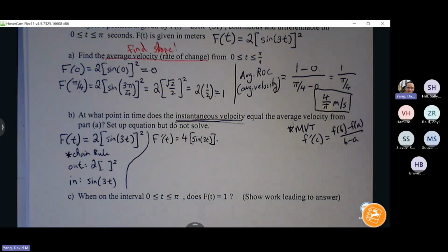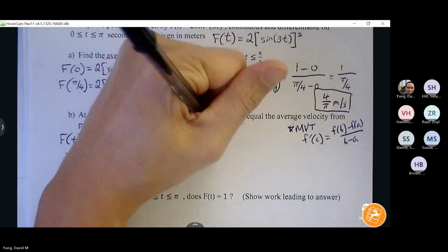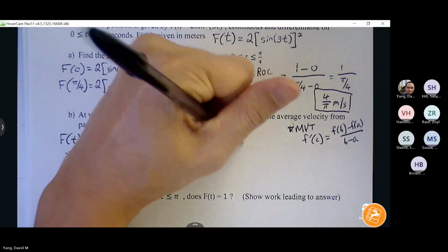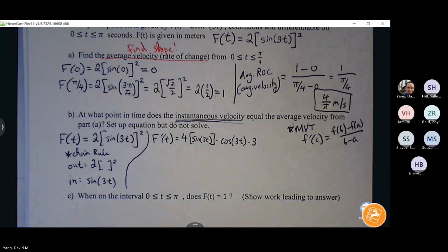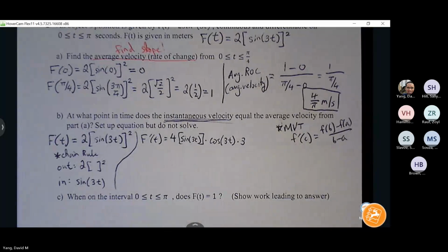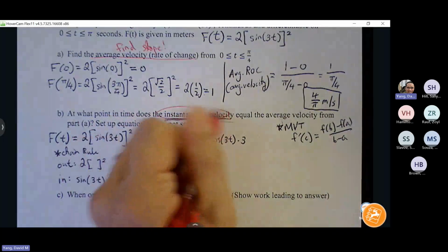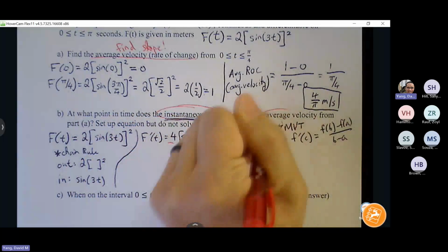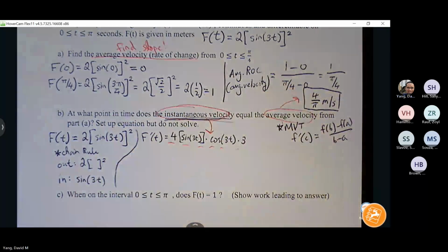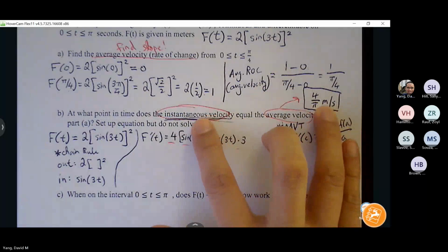Then moving on to inside's derivative, sine of u becomes cosine of u times u prime. So we have the instantaneous velocity here. We've got the average velocity here. We're just setting them equal to each other.